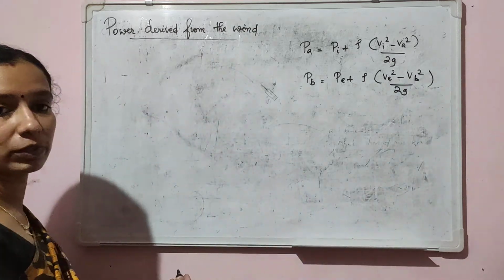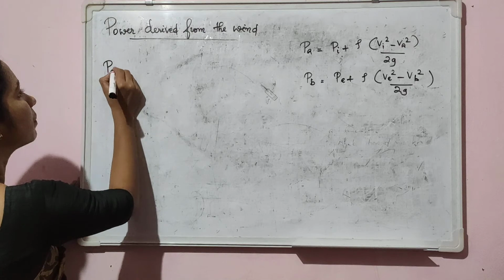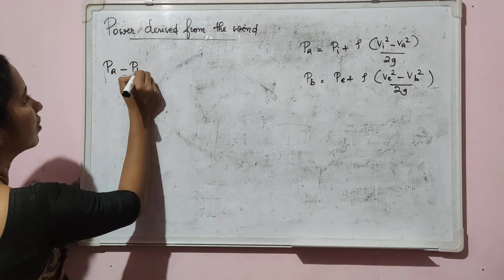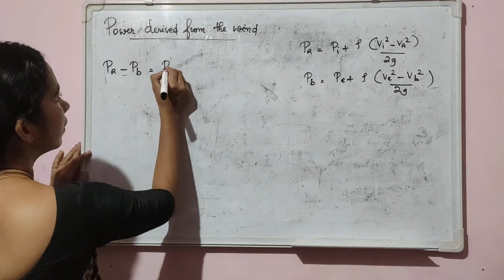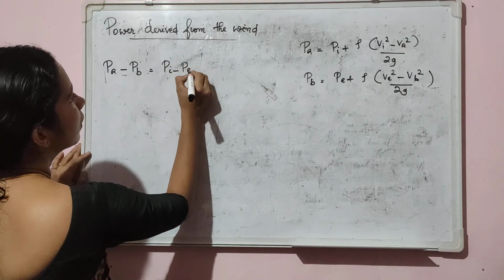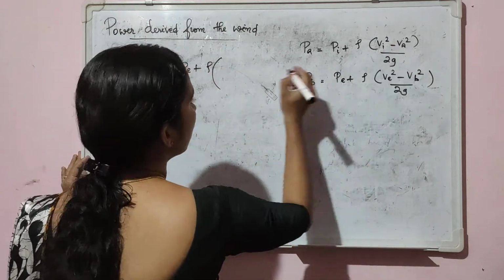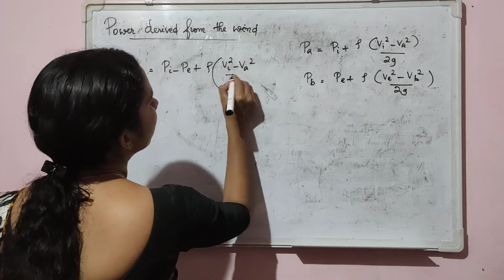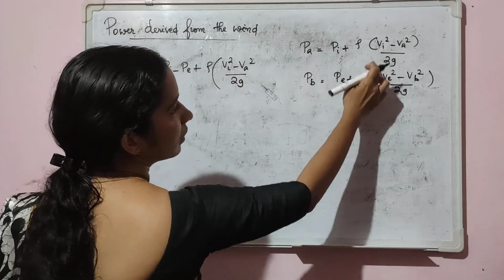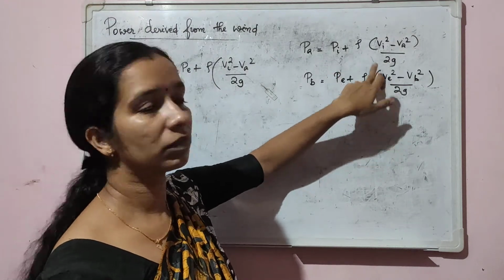Doing equation 1 minus equation 2, the left hand side becomes Pa minus Pb is equal to Pi minus Pe plus rho into the Vi square minus Va square terms divided by 2G, and we have to subtract the second term from the first.